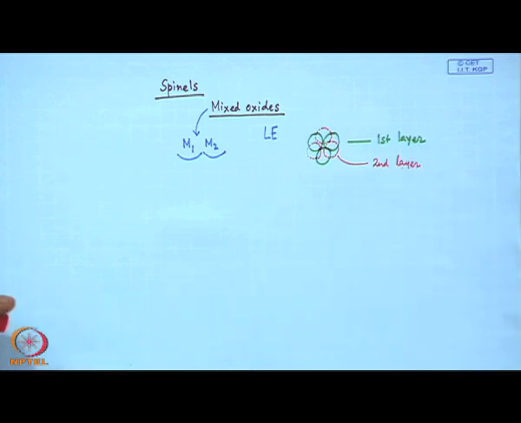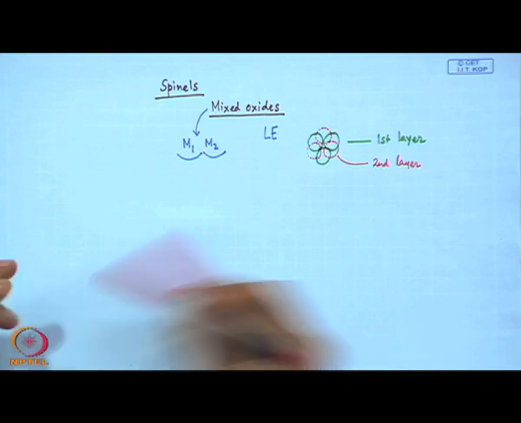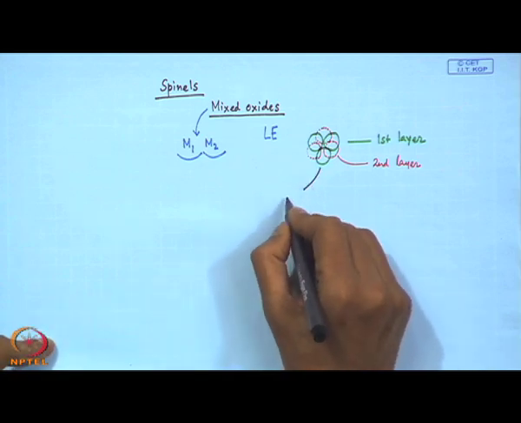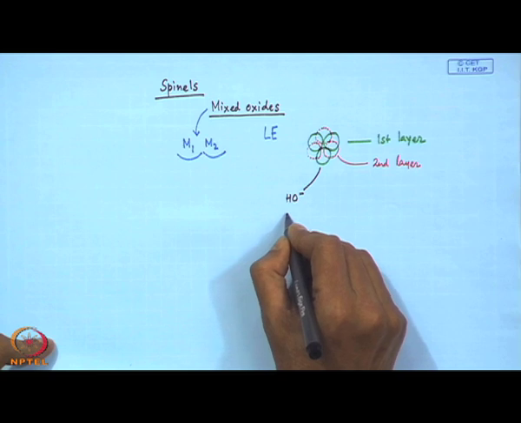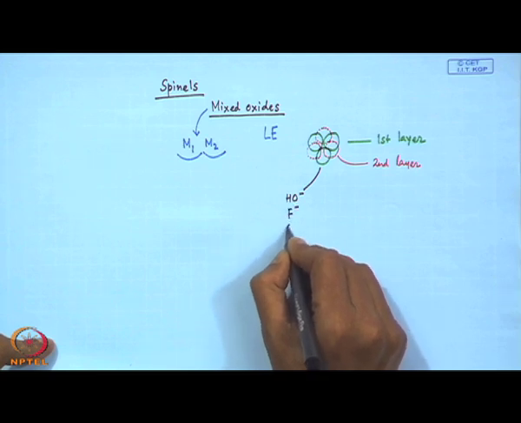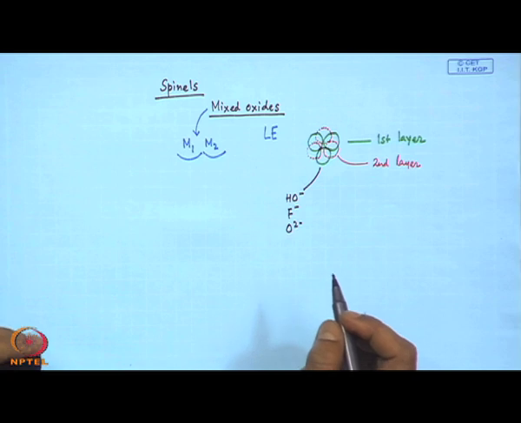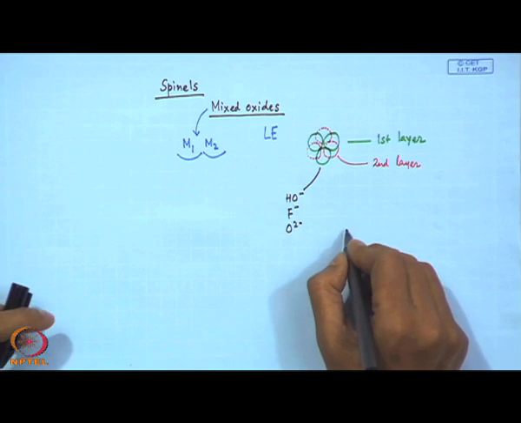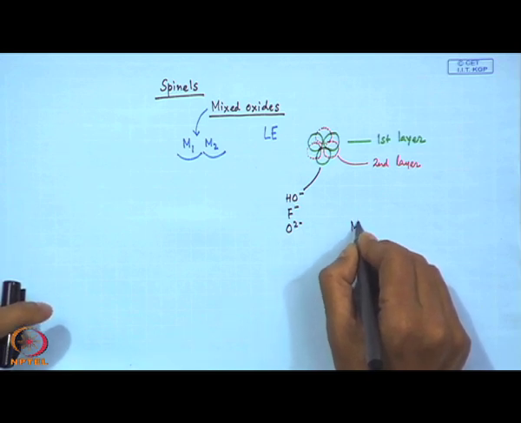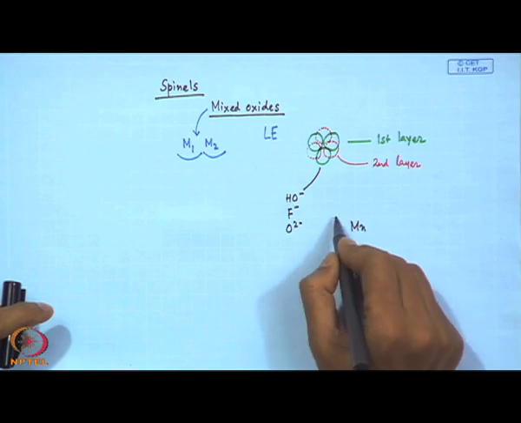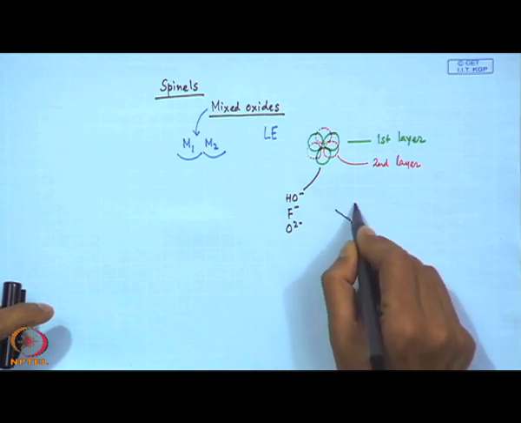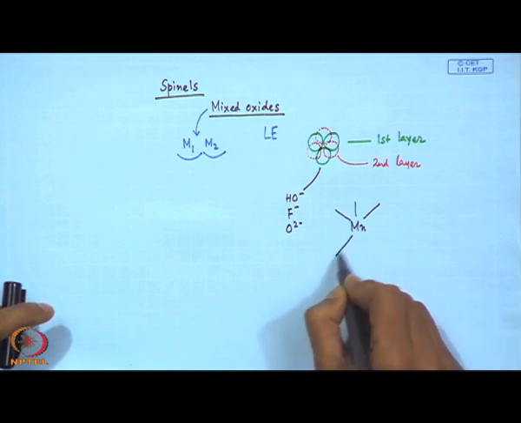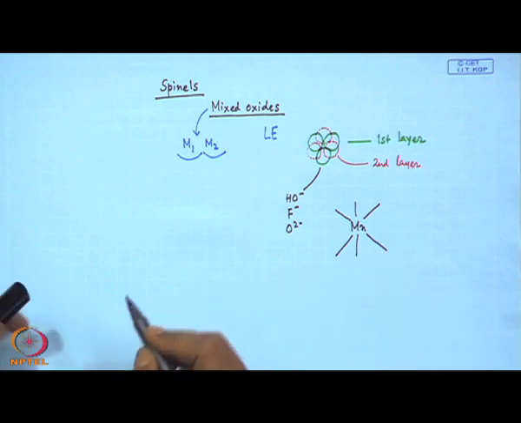So, whenever we are having a close packing of these spheres, because these spheres can be simple HO minus, F minus or O2 minus, this is very much similar to a particular metal complex, say manganese is forming. So, we have one layer of ligands, then we have manganese, then another layer of ligands.